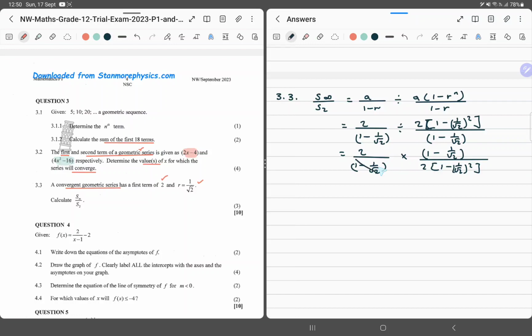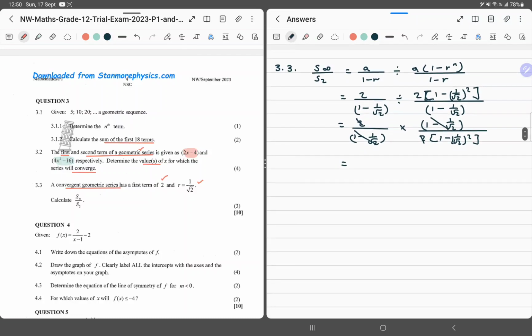You can see that this guy and that guy and this guy and that guy cancel out. So all we are left with is 1 over, basically this thing here is going to be 1 minus, when you square this, it's going to be 1 over 2, right? This is the same as 2 now.